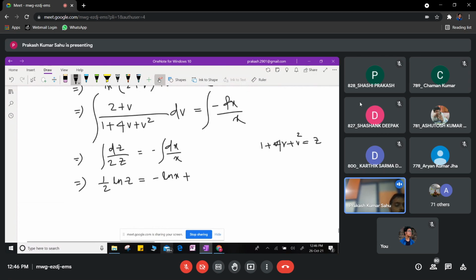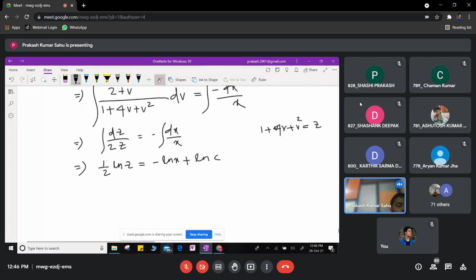Better you write ln x plus ln c, because c is a constant, so ln c is also a constant. For suitability, we can write ln c so that we can cancel on both sides.